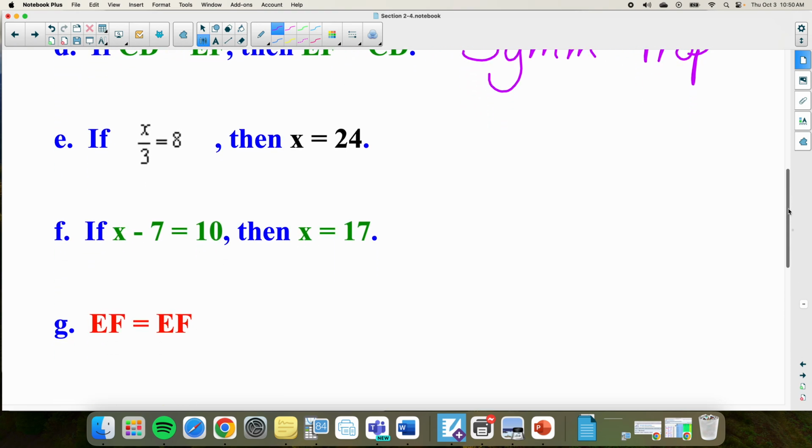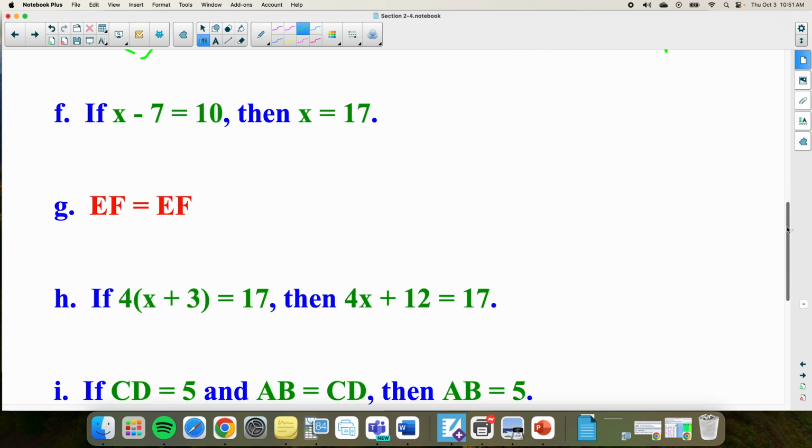If I start on the left, what would I do to both sides of this to get this? Multiply by 3, yes. You don't have to show it, but yes, you're right, multiplication prop. How about F, what would I do? Add 7, yes. And you would get x equals 17, so that's addition prop.